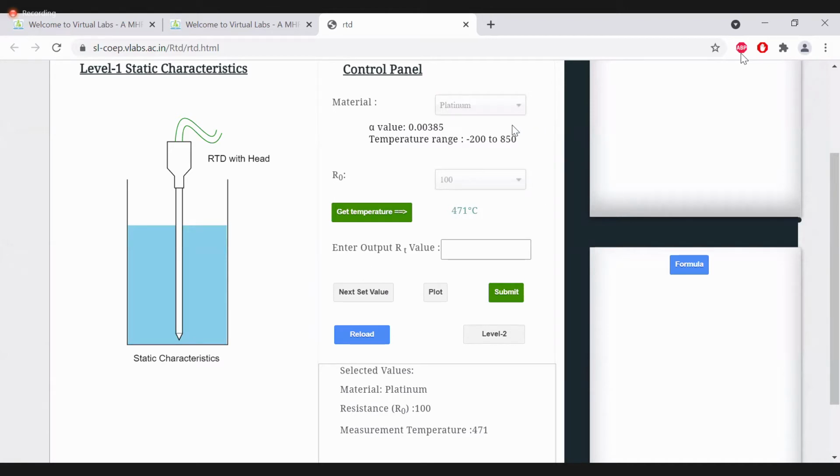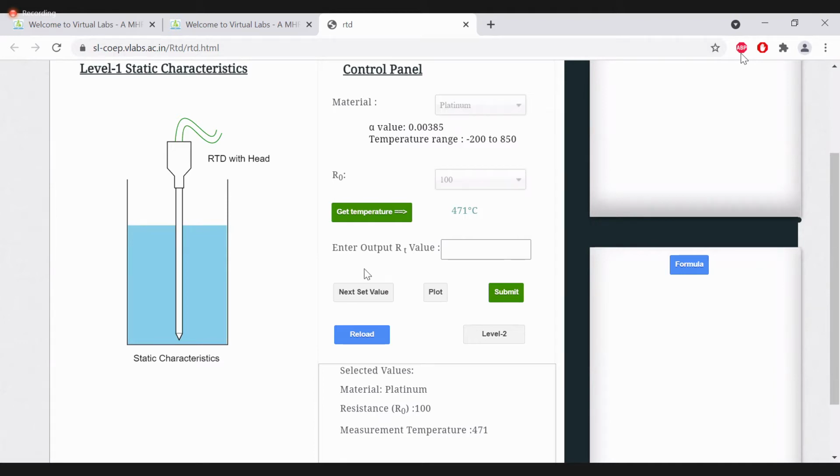If you are using platinum RTD, if its alpha value is this much and R0 value is 100 ohms, find out the RTD resistance at 471 degrees Celsius. RT means resistance at 471 degrees Celsius. So find out the RT at 471 degrees Celsius.